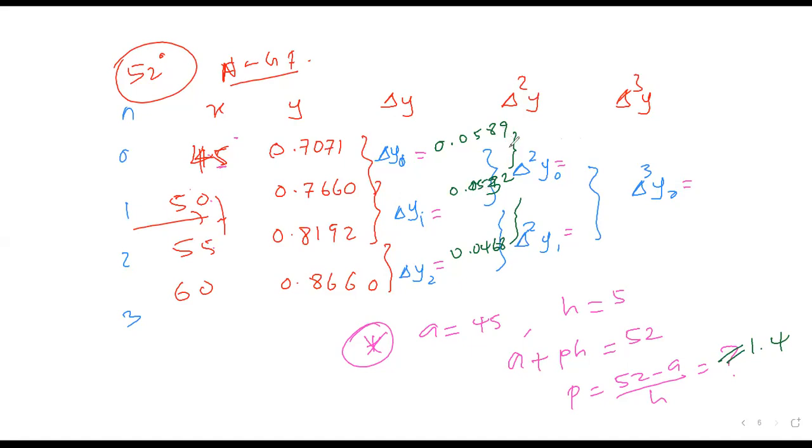So correct? What is this one? 0.0532 minus 0.0589. That negative, no? Negative 0.0057. Okay. What about this one?